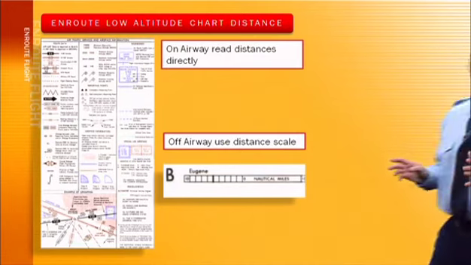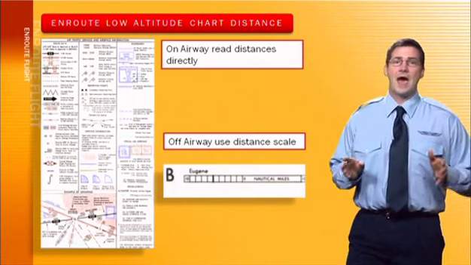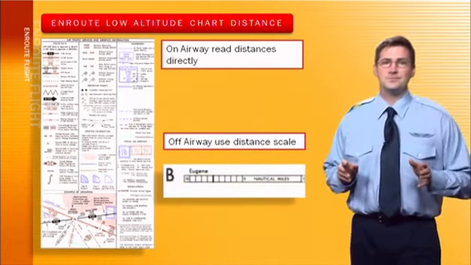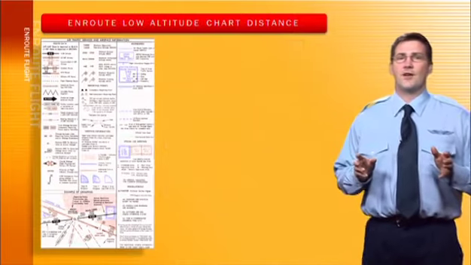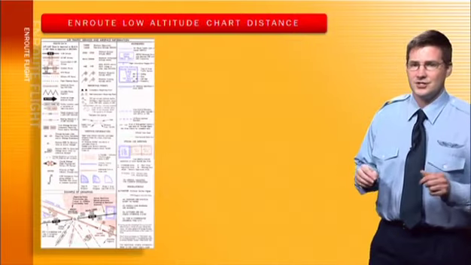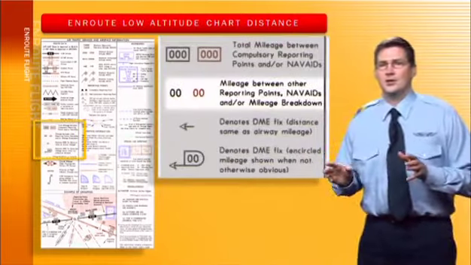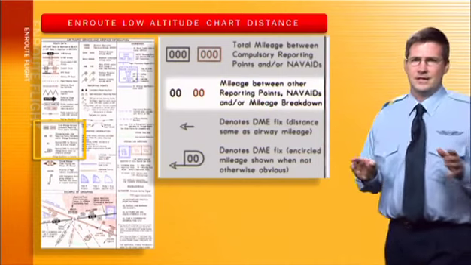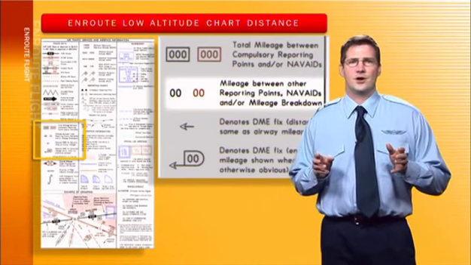The VFR and WAC scales are different and will not work on IFR charts, so don't try and use your VFR plotter here. The chart legend covers distances over here in this section, and by enlarging this detail you can see the highlighted areas show mileage between reporting points, which is the numbers underneath an airway. And in this entire section it shows 4 ways that are differently used for tracking distances on a chart.